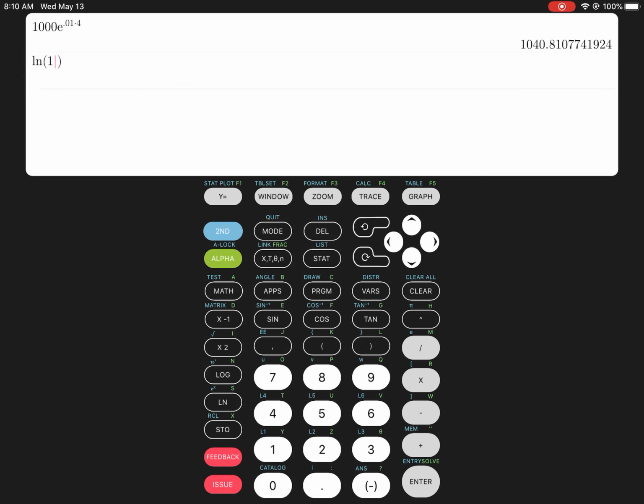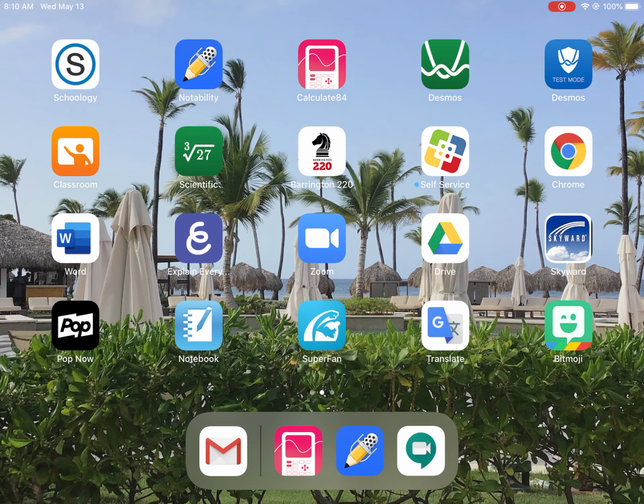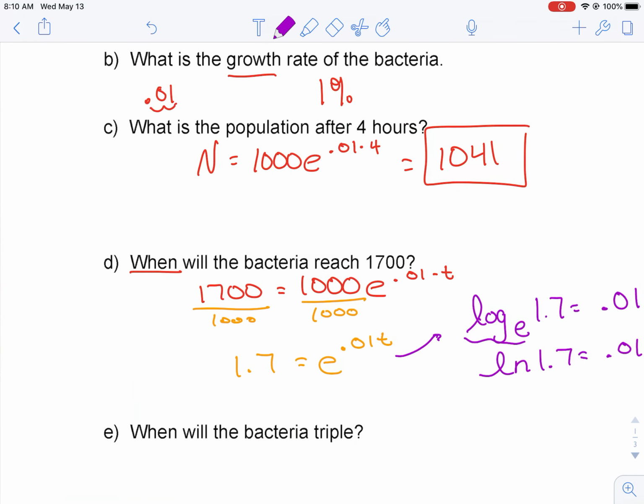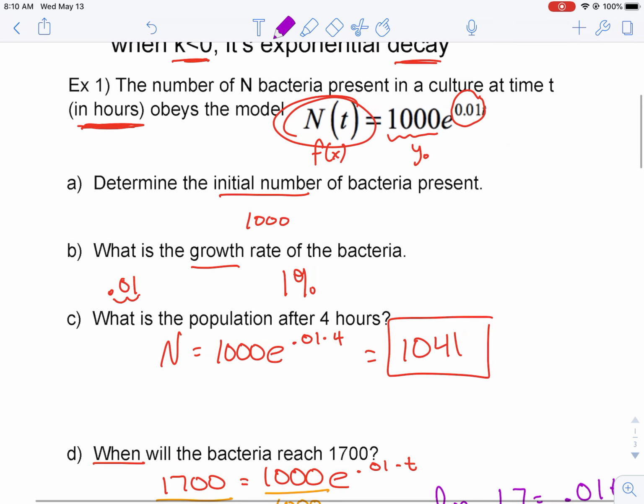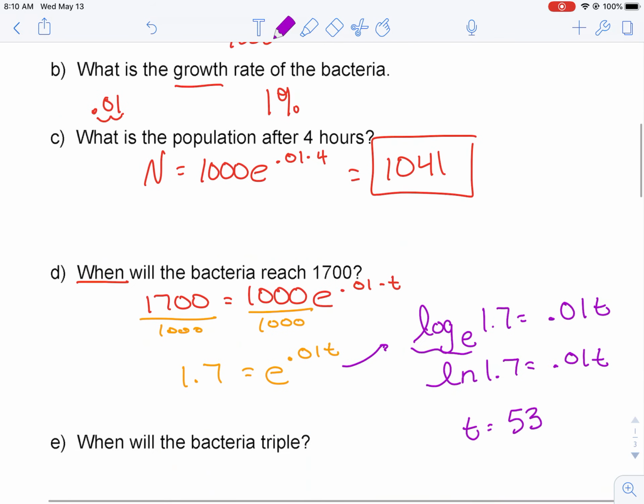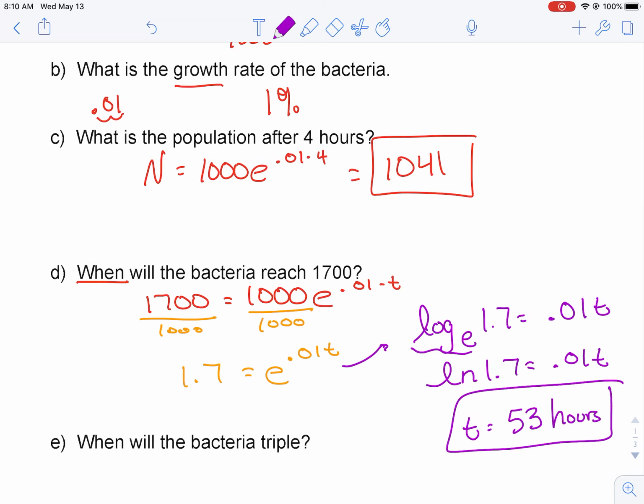That gives us about 53. So again, I'm just going to round to the nearest whole number. So time is approximately 53, oh, not years, our time was in hours, so we got to make sure we label it properly. So it's 53 hours.